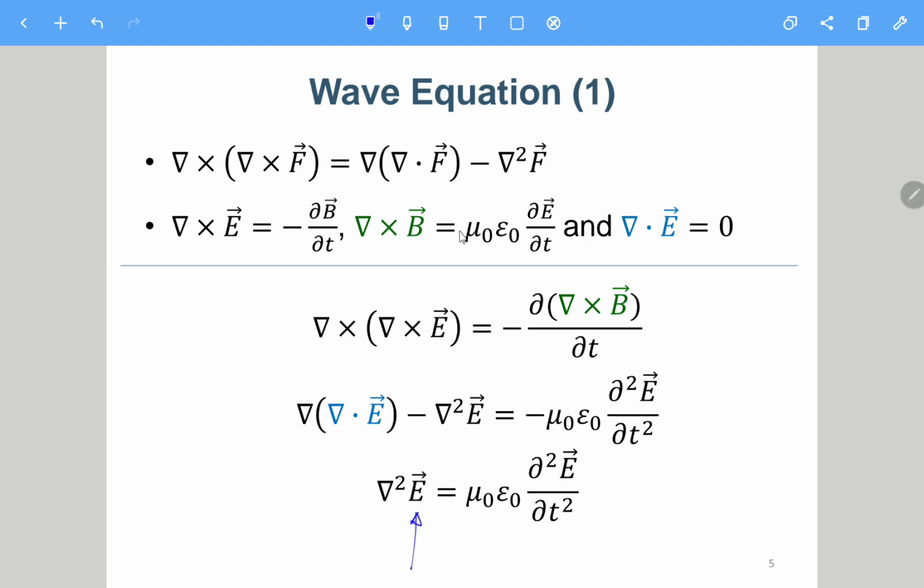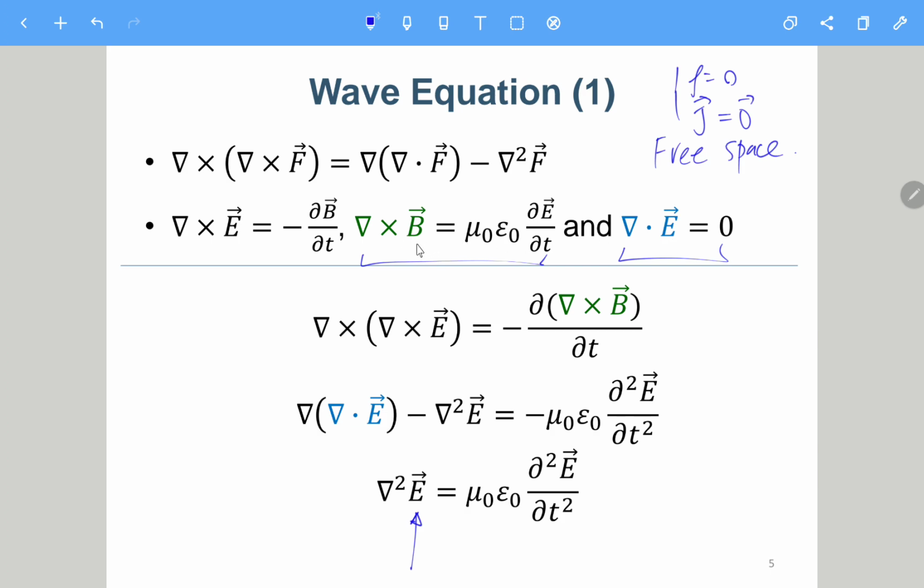So we don't have mu naught J here because J is 0. And then we also have divergence of E equal to 0. These two are due to the free space condition, which means that rho is 0 and the J vector is also 0.